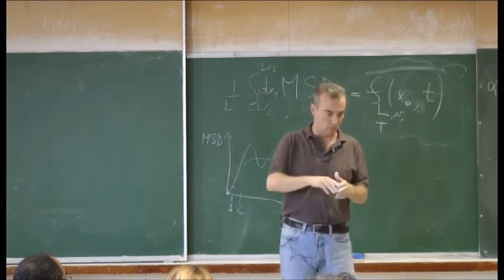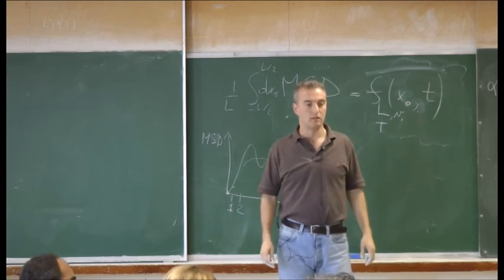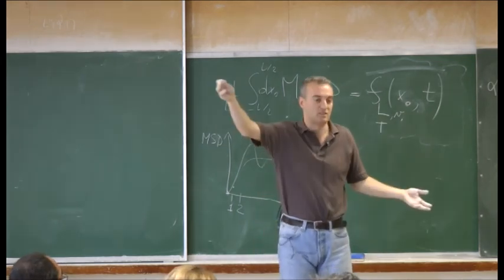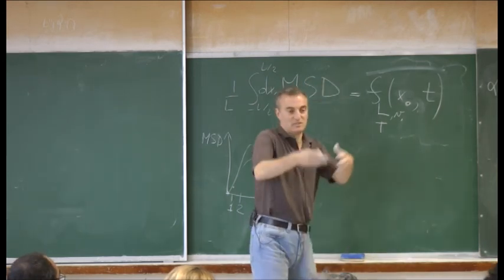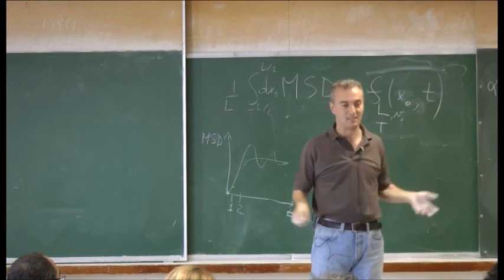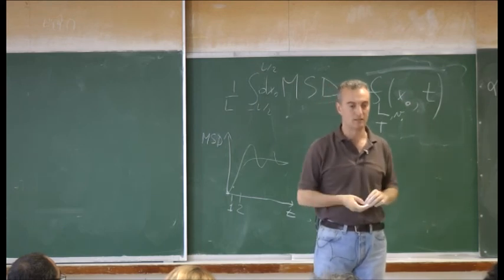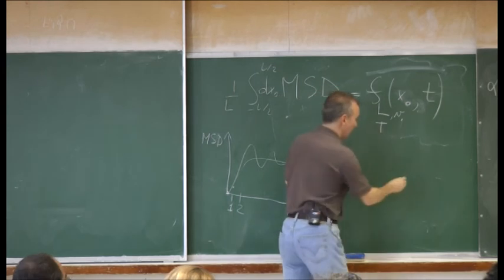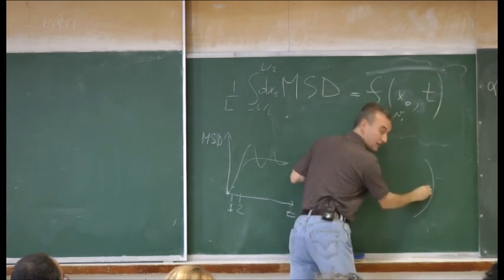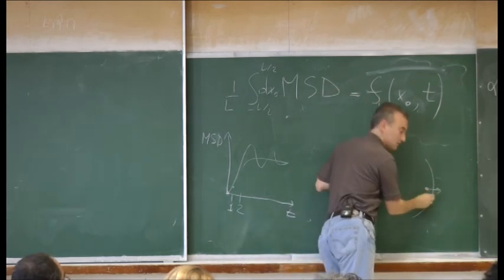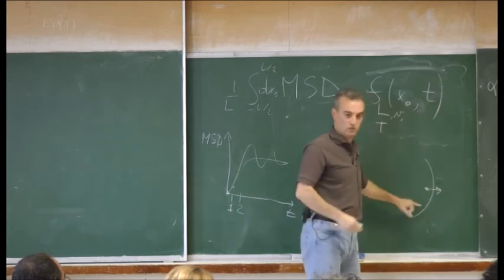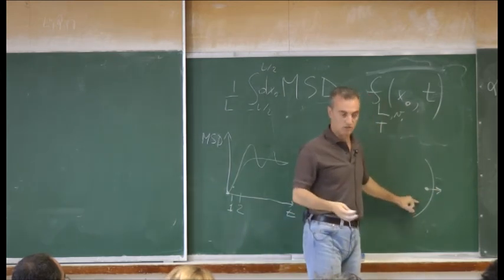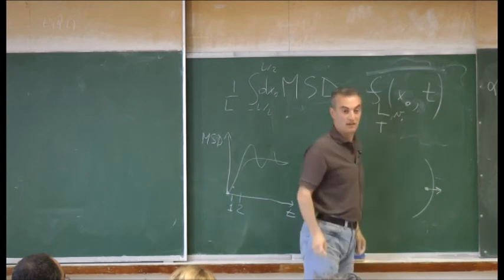In unbounded space it doesn't matter, because there is no important point. Why does it depend when you're in confined space? Because if you are at this point here, you can't get out. So the statistics of your movement is going to be different depending on the specific moment in which you are there. Something special is going to happen there.